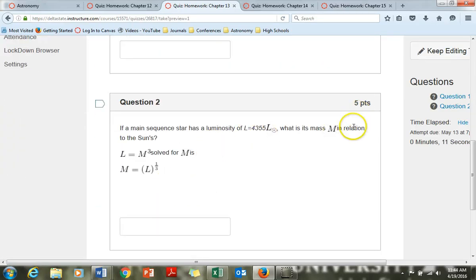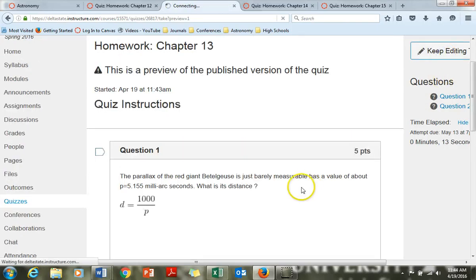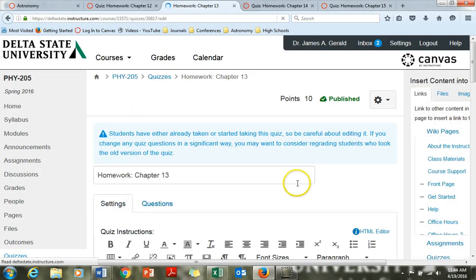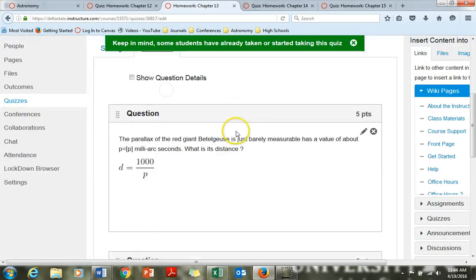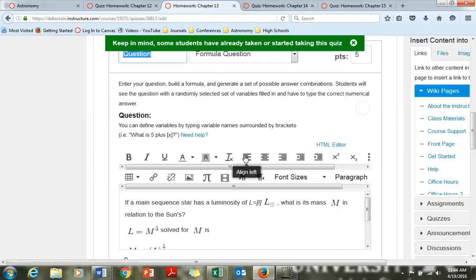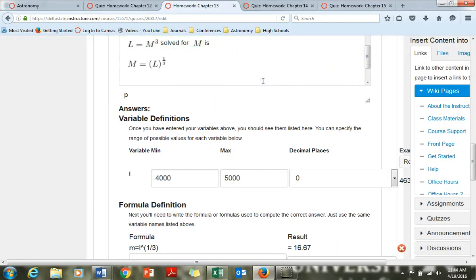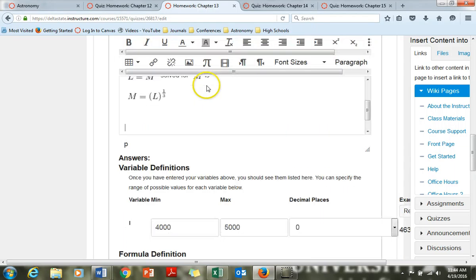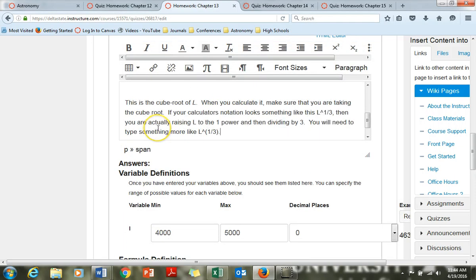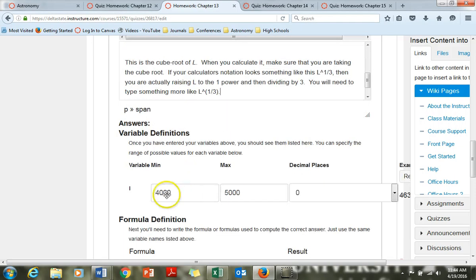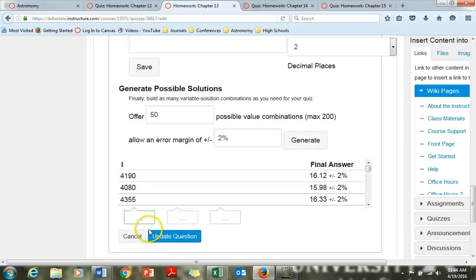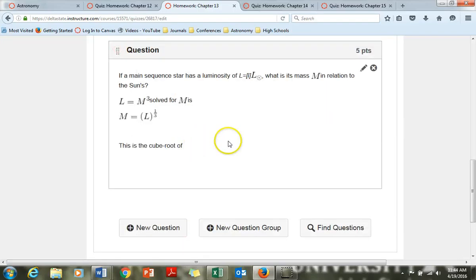All right, let's see if I can go back and add in comments on question 2 to help you understand how to calculate that.